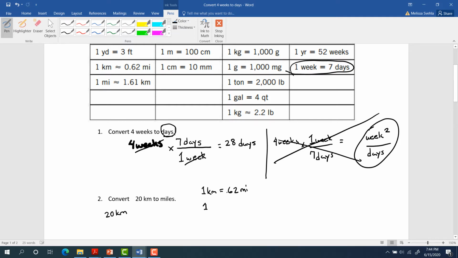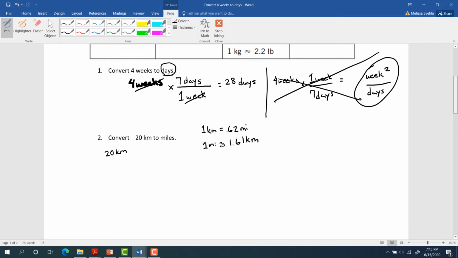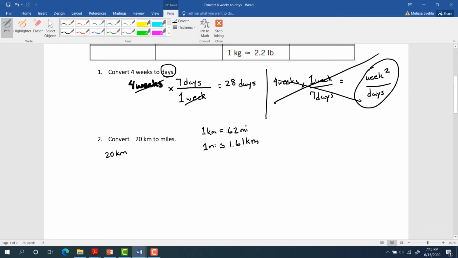And I notice that also 1 mile is equivalent to 1.61 kilometers. And both of these are fine as long as I use my ratios in this conversion process. So I can use either one of them as long as I have the correct unit cancellations.